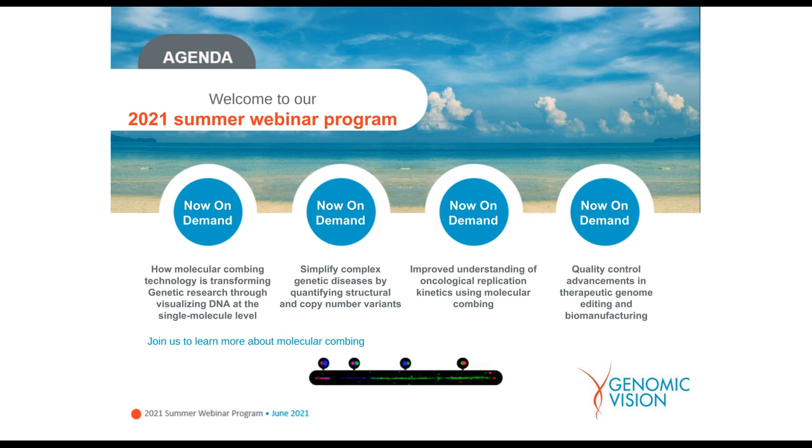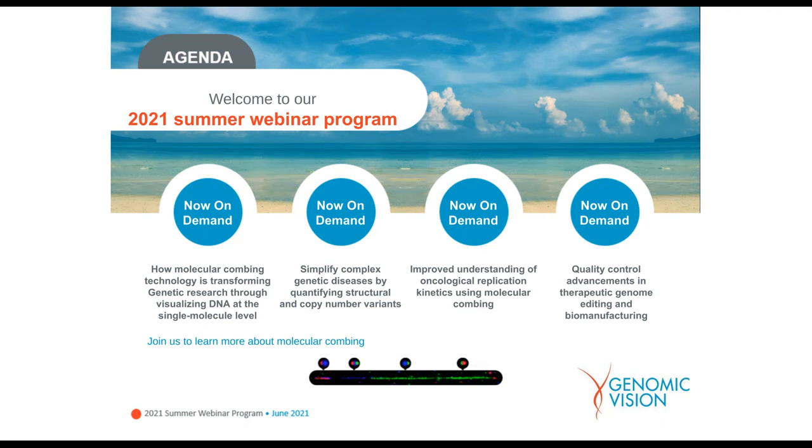We also have another service where we do the experimental part and then the scanning, and we give you access to our software so that you can analyze the data yourself. This is what we call EasyComb, and EasyComb Plus comes with the full analytical part and the report.